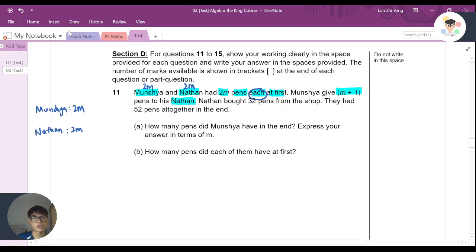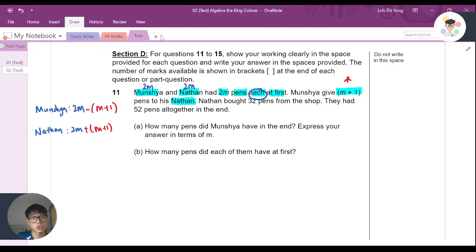So it means that Munsha here should minus m plus 1. At the same time, Nathan should plus m plus 1. Okay, this is the second part.